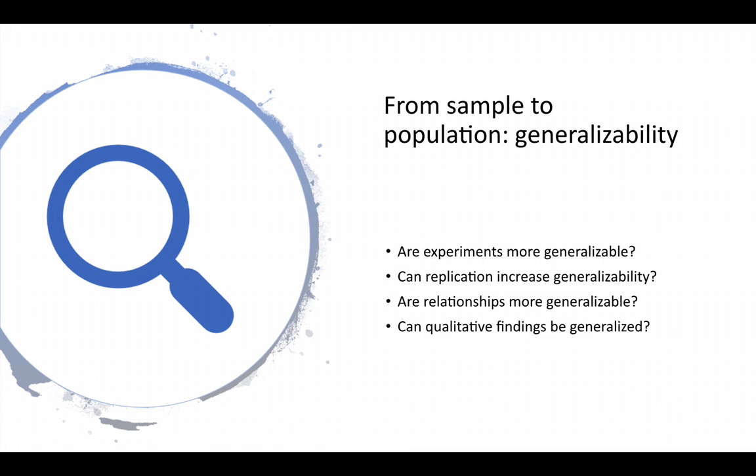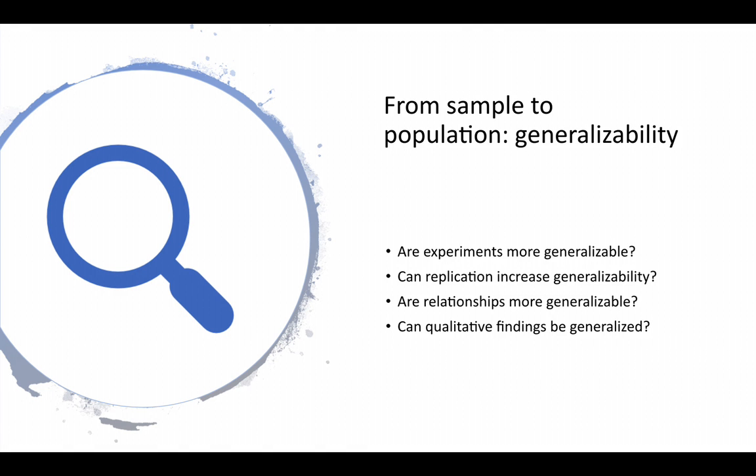If you are looking for internal validity, then yes, experiments may be more generalizable. However, if experiments are only conducted with a specific subgroup of people, that may not be generalizable to the whole population. Let me give you an example.